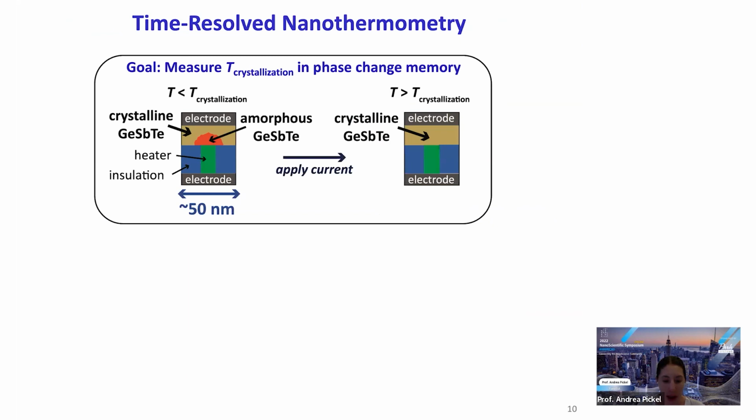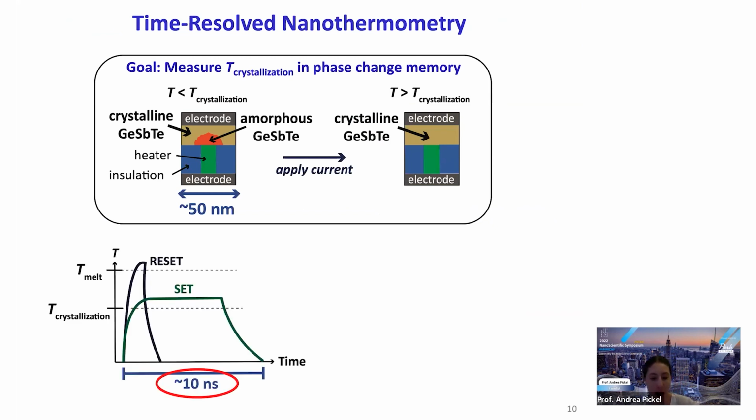All right, so I'll now circle back just very briefly to one of the motivating applications that I talked about earlier, which involves measuring the unknown crystallization temperature in nanoscale phase change memory devices that use Joule heating to switch back and forth between a resistive amorphous state and a conductive crystalline state.